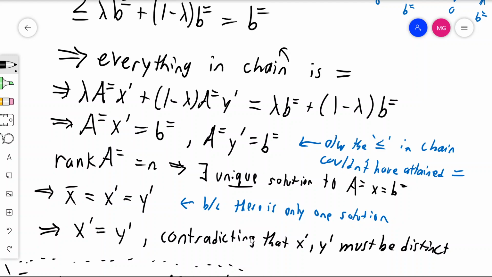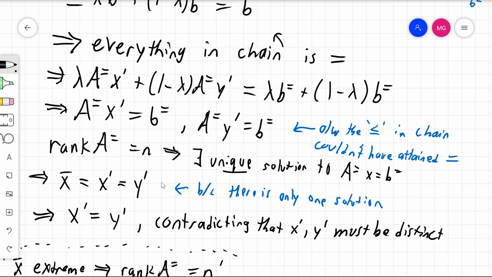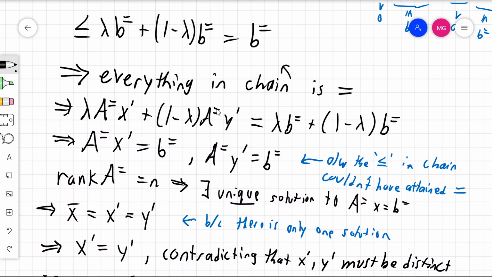But that is a contradiction, because we originally said that x prime and y prime must be distinct, because x bar lay strictly between the line segment generated by x prime and y prime. But in fact, they're the same point, and it's also equal to x bar. So that entire thing is a contradiction, because these are supposed to be distinct things, but we've just shown that they're not.